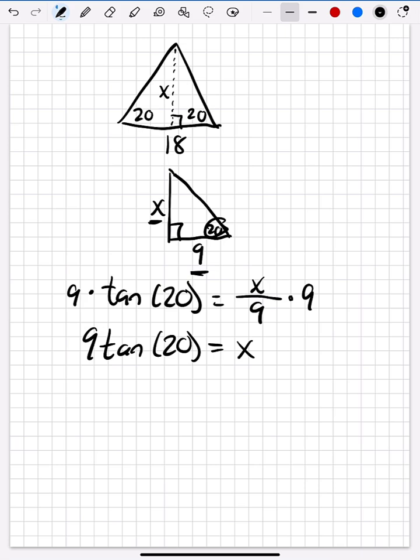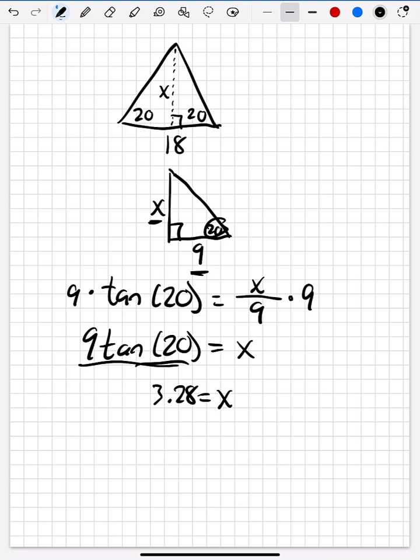Then I plug that in the calculator. So I have 9 times the tangent of 20, which is 3.28.